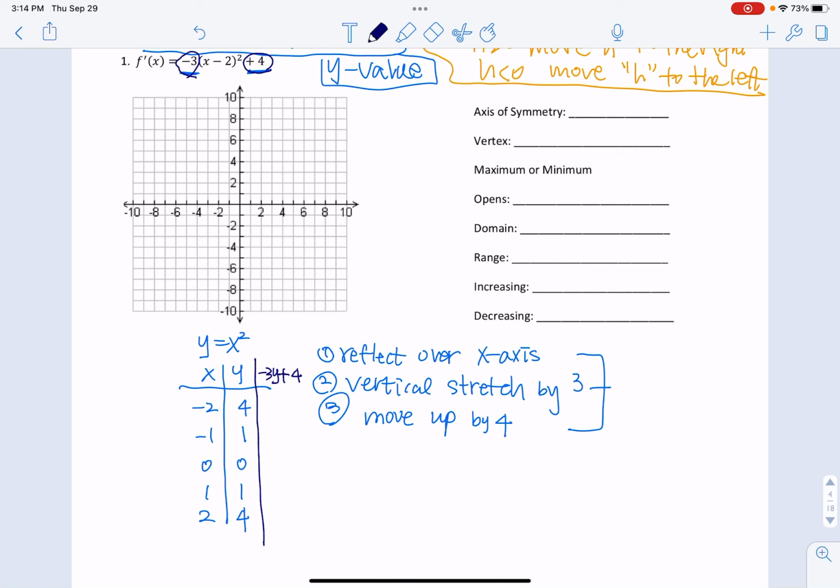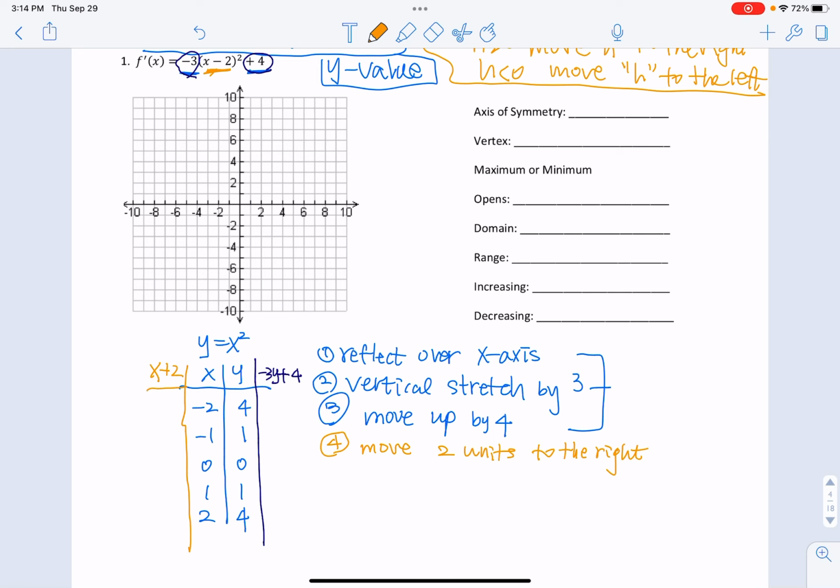And then inside here, x minus 2 represents moving 2 units to the right. This value represents a change in the x value. So you have to add 2 to the x value, so x plus 2.